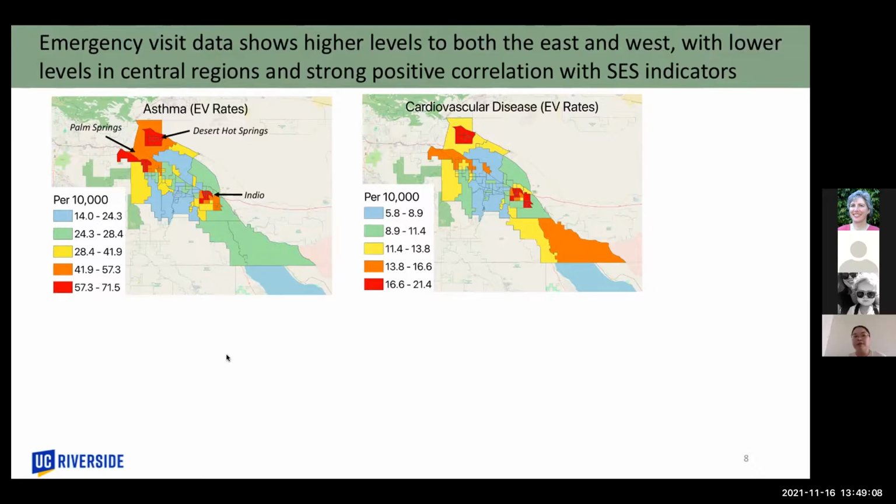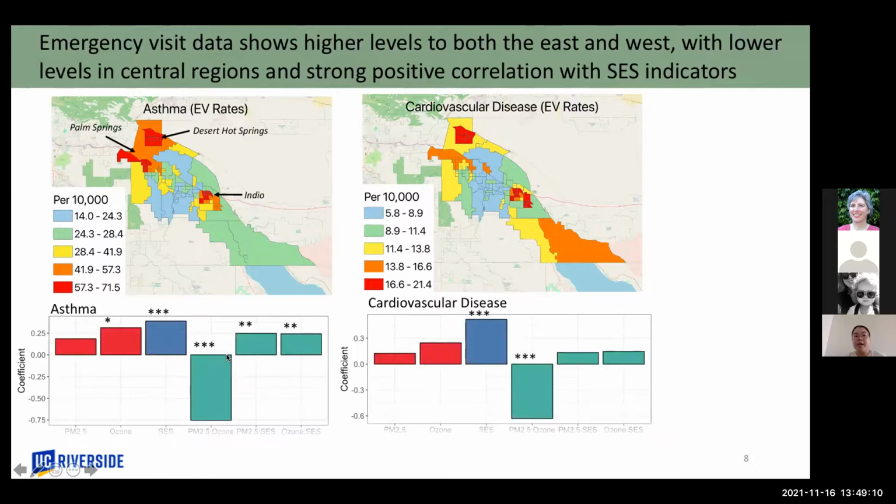So with this emergency visitation data, we did a linear regression analysis, using the EV rates as the dependent variable, and air pollution, socioeconomic status, and several interaction terms as the predictors.